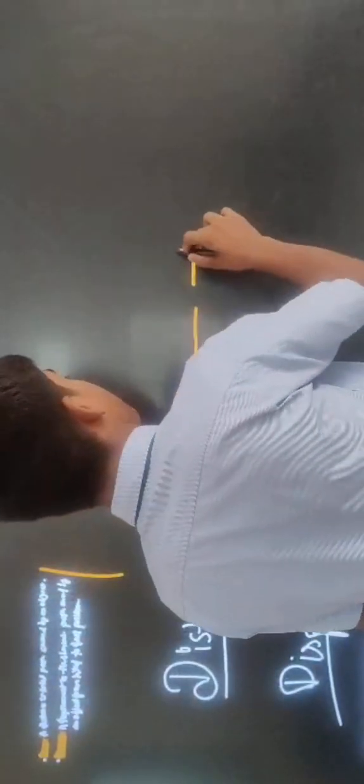These two things I have written here. Distance is a scalar, this is a vector. Distance is scalar, displacement is vector. Okay. So these things we have to learn. Yes, distance cannot be negative, but displacement can be negative.